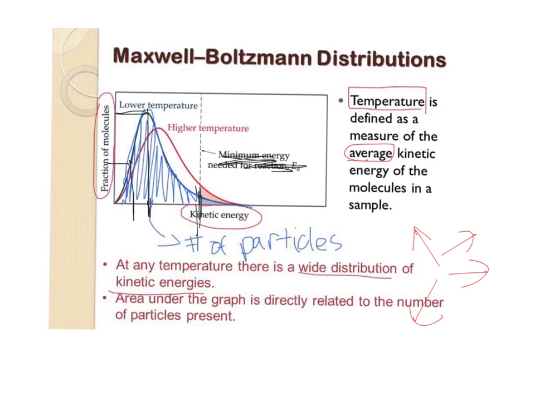If they're moving faster, they're going to hit the sides of the container with more force. They have more energy, and that will cause the container to expand. So we're using kinetic molecular theory to explain why when we increase the temperature, we increase the volume.